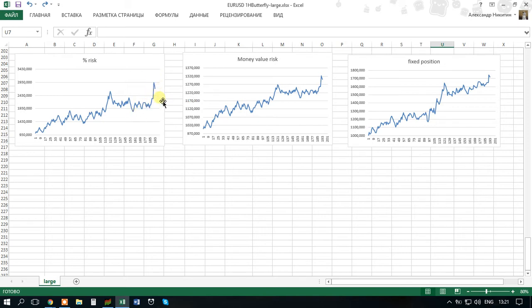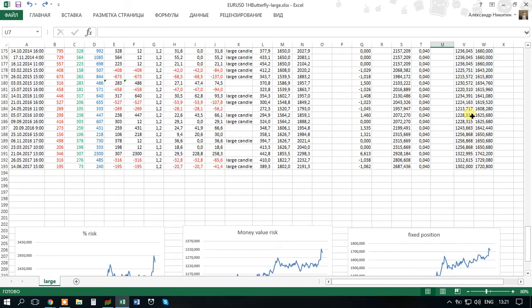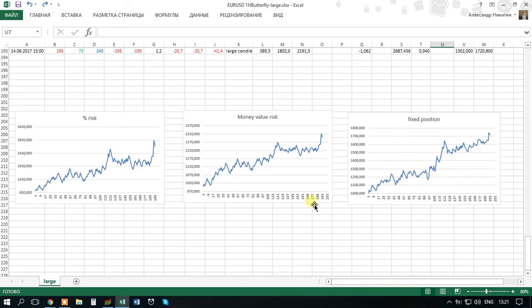Well, probably percentages is a bit more profitable if you trade percentages. It is maybe a bit more profitable if you trade 4% per trade maximum, because you generate 29 risking 30%, and you generate 24 risking the same, so you generate a bit more.